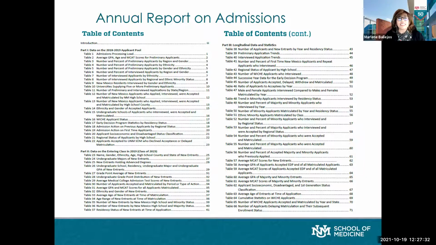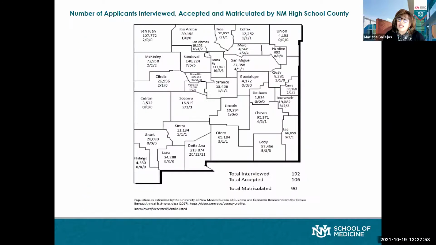We slice and dice the data about regions, ethnicity, and gender, looking at all the different ways we can see our applicant pool and our entering class. The longitudinal data helps us identify how we've been doing and where we're going with our applicant pool.